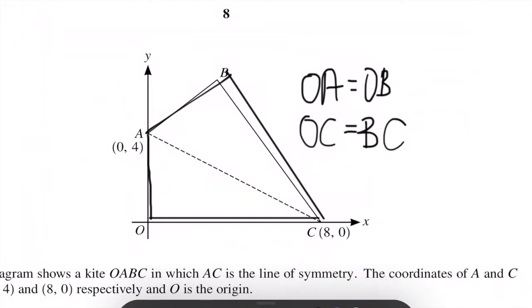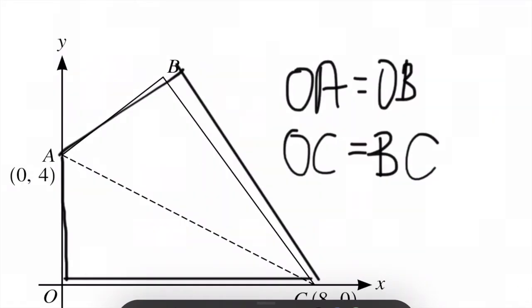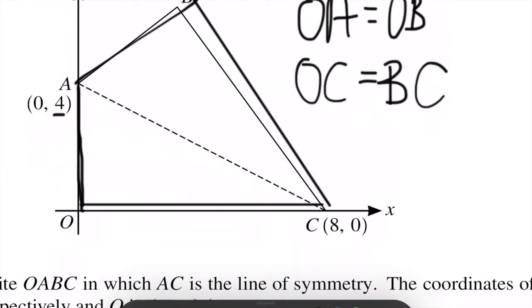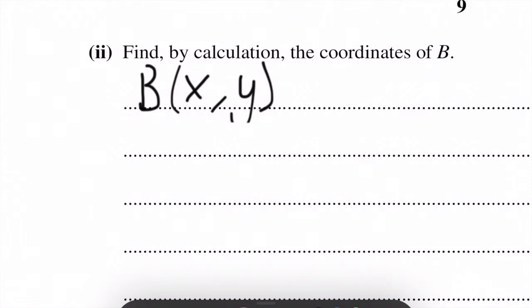Now we'll go ahead and use their lengths to find the coordinates of B. We also know that the length of OA is 4, given by the y coordinate of A, and we know that the length of OC is 8, given by the x coordinate of C. Now we will go ahead and write that down.